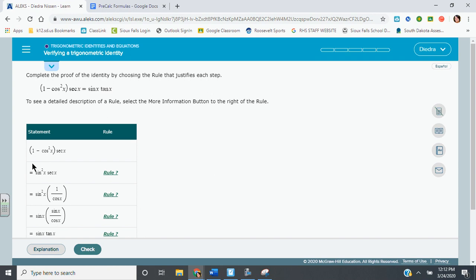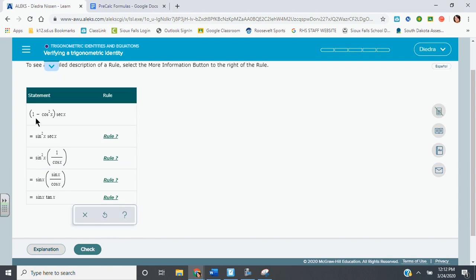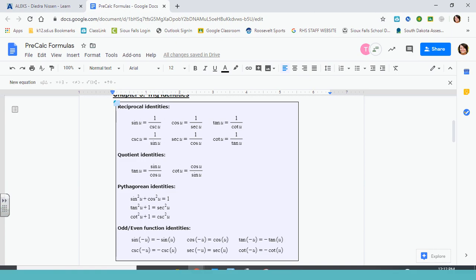So for this first problem, the first part of the left-hand side says 1 minus cosine squared times secant of x. Well, we can recognize that 1 minus cosine squared looks similar to one of our Pythagorean identities. So we're going to go to our Pythagorean page.